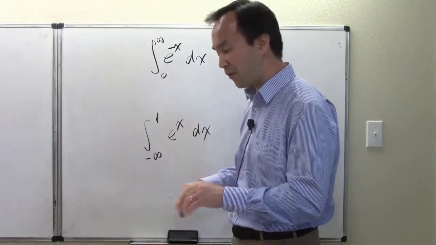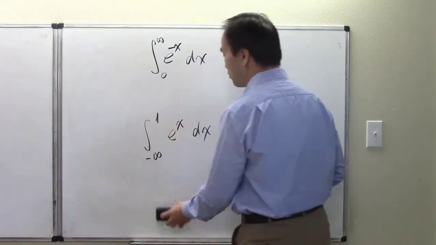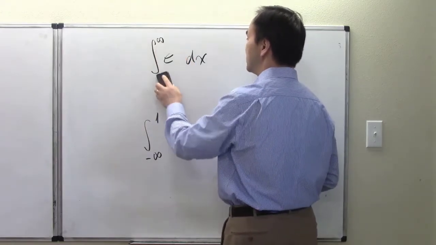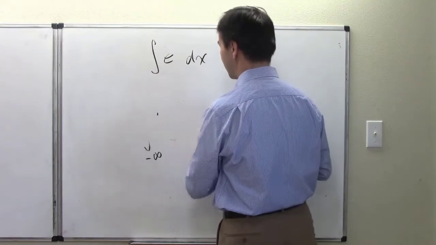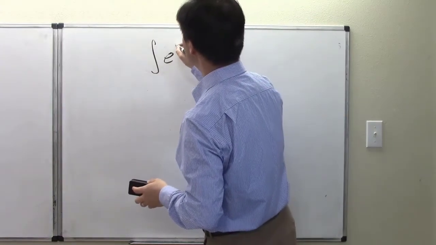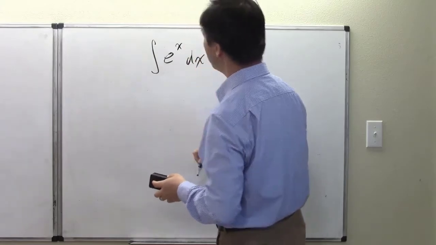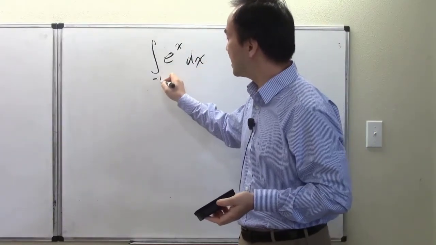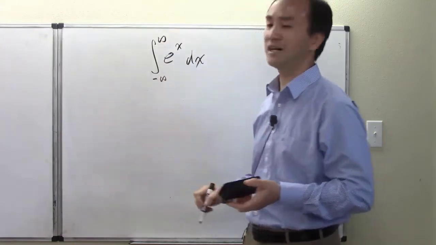So the third form I'm introducing now is, what about a function, just e to the x? I want to find the integral where the integral limits are from minus infinity to positive infinity.